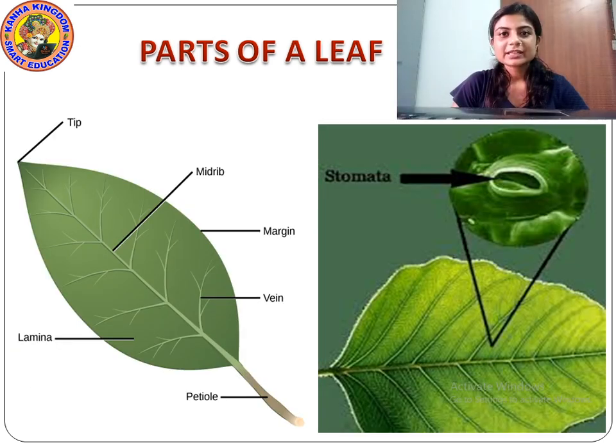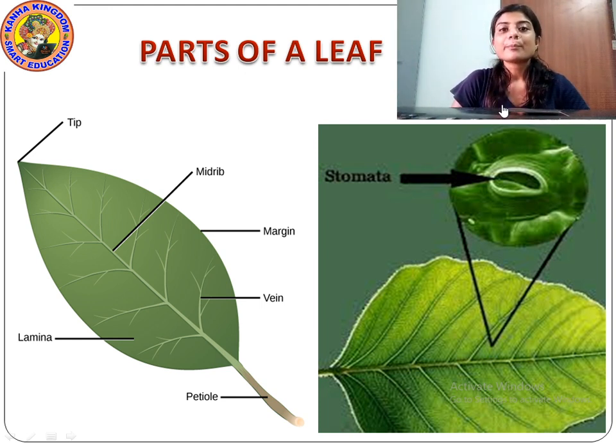So students, can you see the diagram? These are the parts of the leaf. First there is the petiole. The stem that you can see, the soft stem of the leaf, is called the petiole.